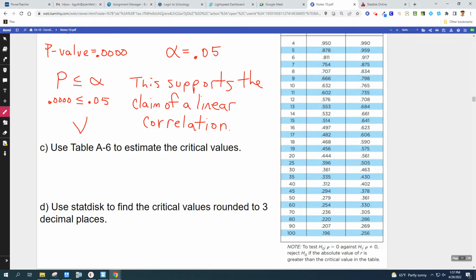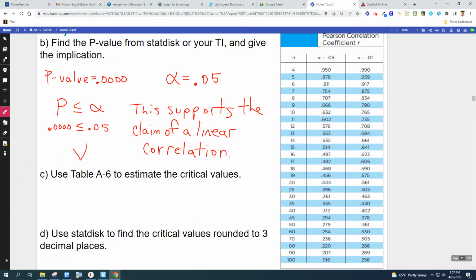Okay. So the critical values, well, it's hard to find, but you've got to remember that n was 23 in this example. So if n is 23, we're looking in between 20 and 25, right? And for a significance level of 0.05, that means we're looking right in here somewhere for our critical values, in between those two numbers.